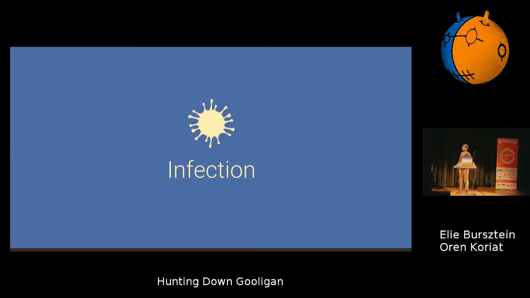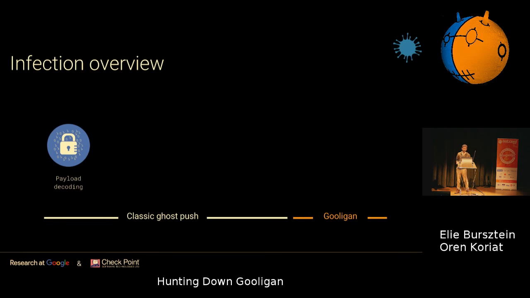So in order for us to understand Gooligan as a botnet, we first need to understand Gooligan as a Trojan, so as the Android client of this botnet. So the Gooligan kill chain is comprised of several key steps. The first of which is decoding the payload. This is a payload that is embedded into the Gooligan APK.